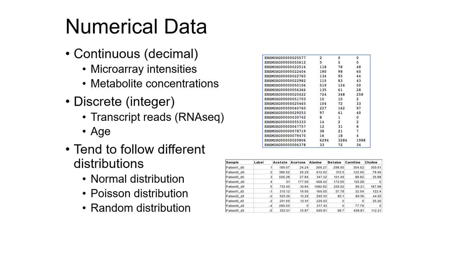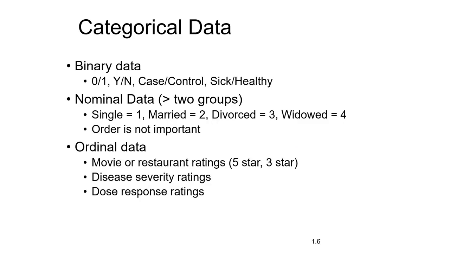Now, in addition to numeric data, there's also categorical data. In many cases in statistics, we're looking at two categories, and we may measure healthy or sick, treated or untreated, male or female. That's a category where we may collect a whole bunch of numbers associated with those categories.